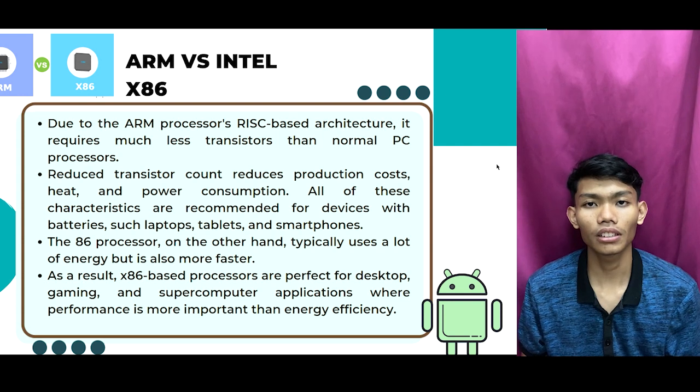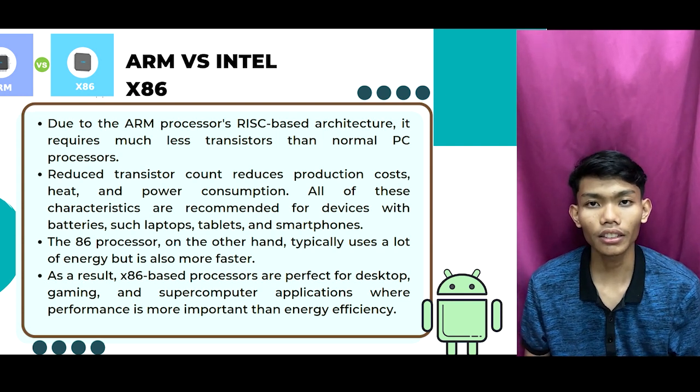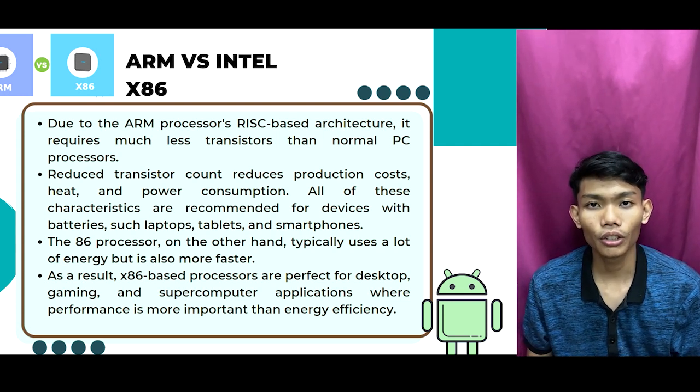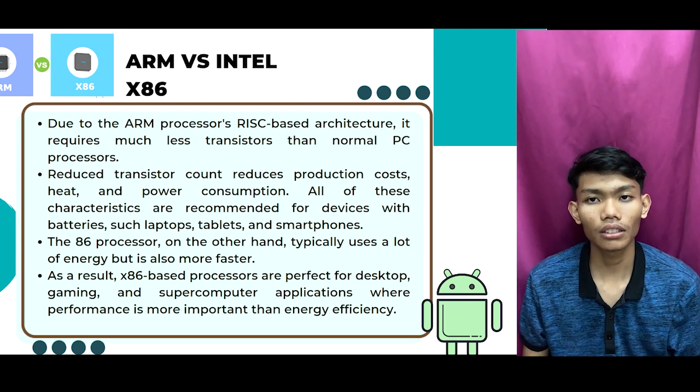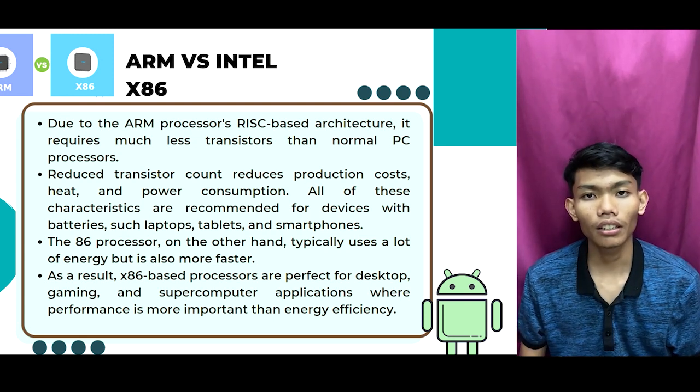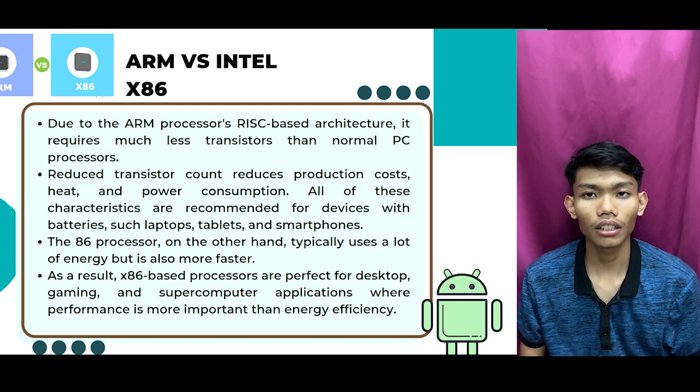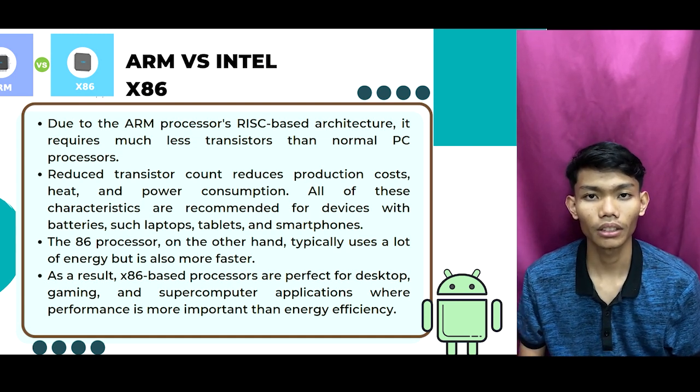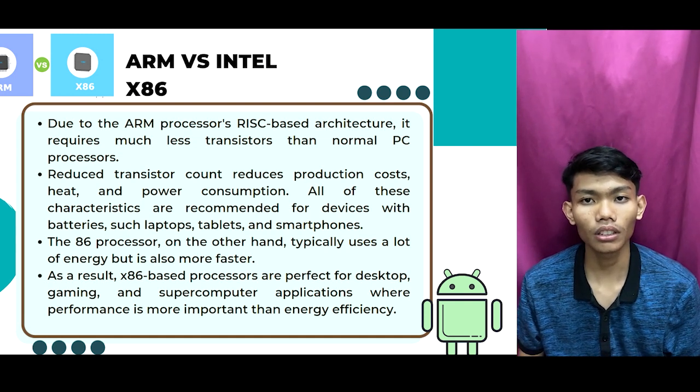ARM versus Intel x86. Due to the ARM processor's RISC-based architecture, it requires much fewer transistors than a normal PC processor. Reduced transistor count reduces product cost, heat, and power consumption.